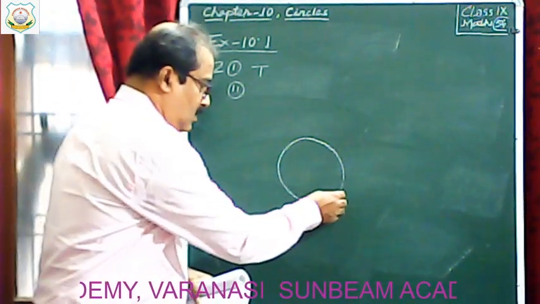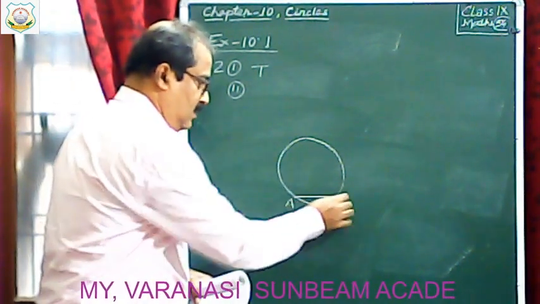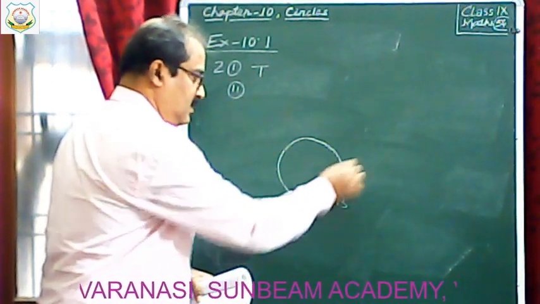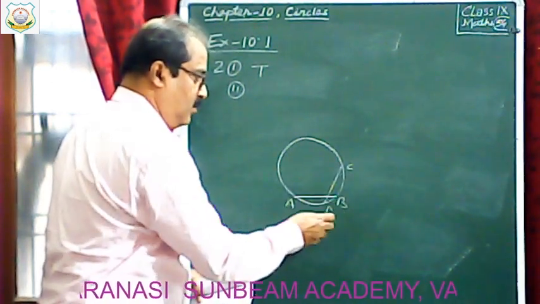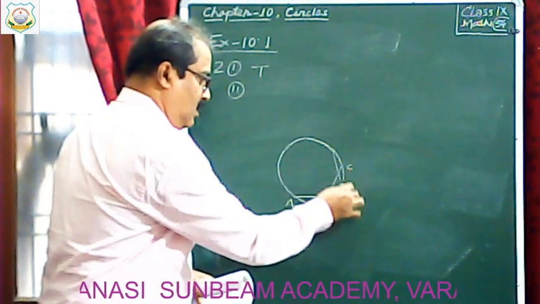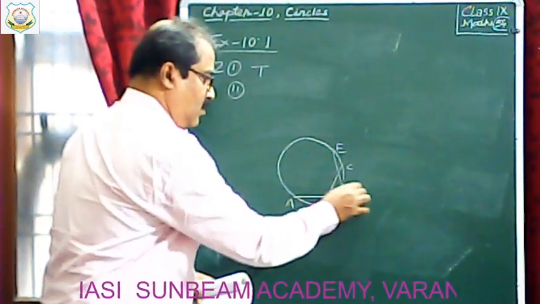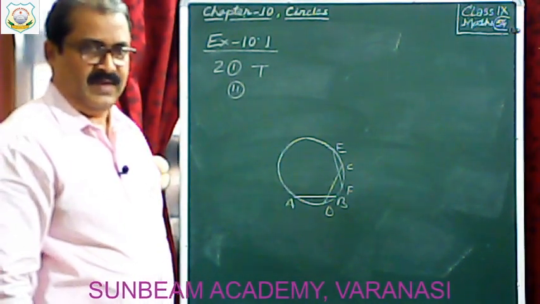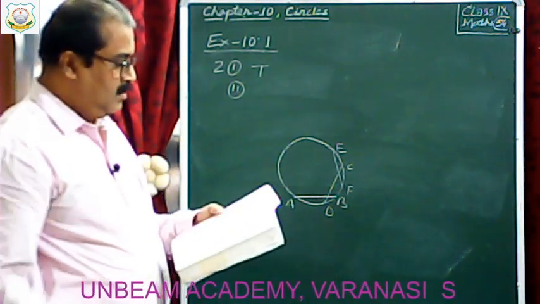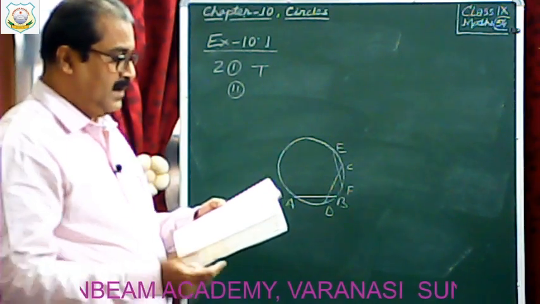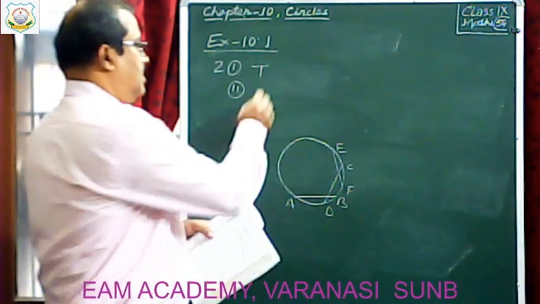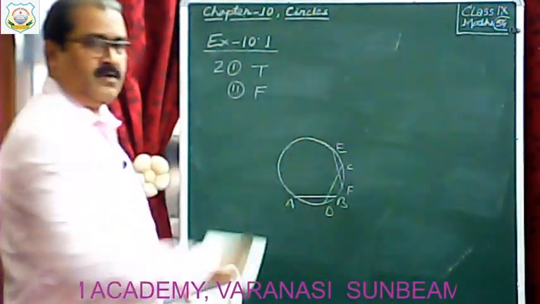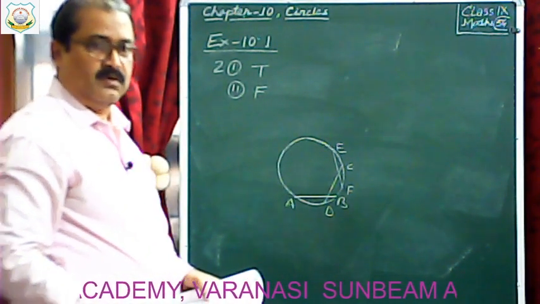Suppose one chord is AB of length 4 centimeter, another chord you can draw here, CD, suppose it is also 4 centimeter, another you can draw here. So how many chords can you draw, finite or infinite? Infinite. So the statement is false. In this way you can draw infinite equal chords.